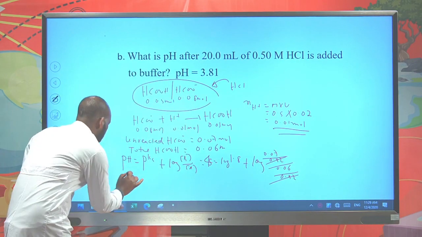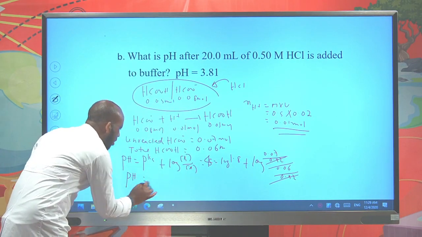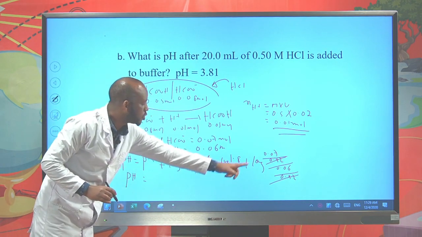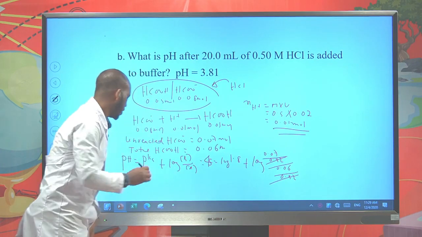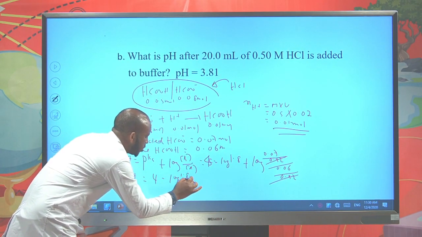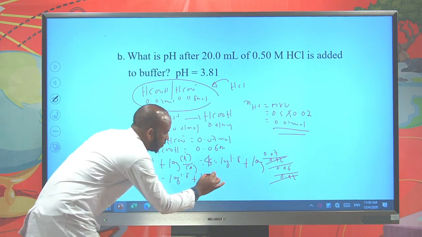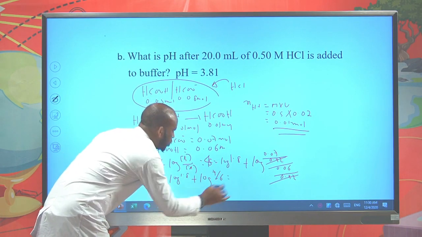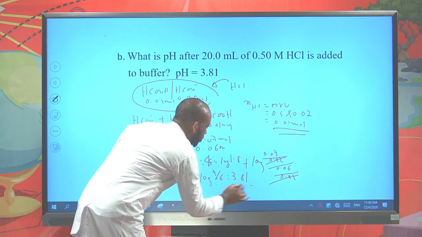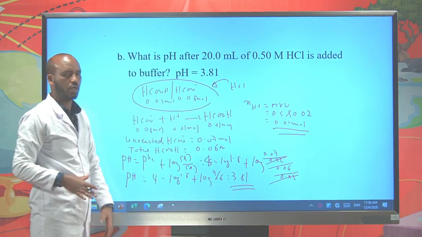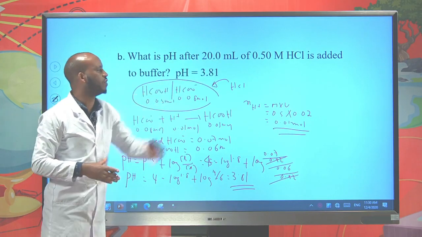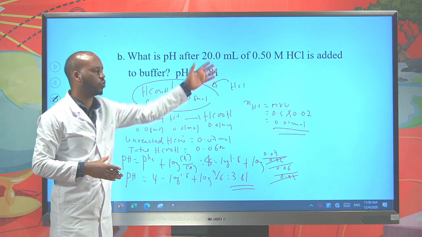Therefore, pH of this solution equals 4 minus log 1.8 plus log 7 over 6, which is 3.81. 3.81 is the pH of the buffer solution after adding 20 milliliters of 0.5 molar hydrochloric acid.